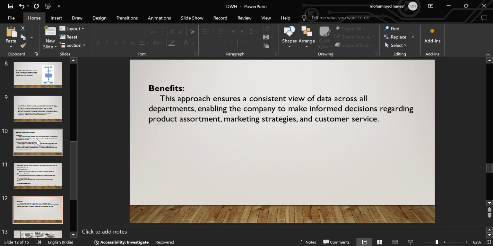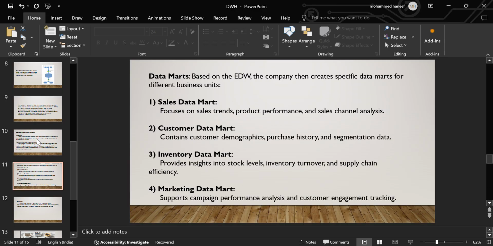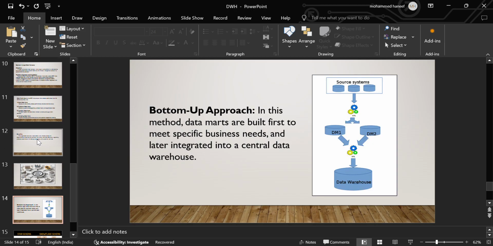We have discussed that now, and in the next class we will go with the bottom-up approach with examples, and we will finally differentiate which is the better approach to use in a data warehouse. That also we will discuss.